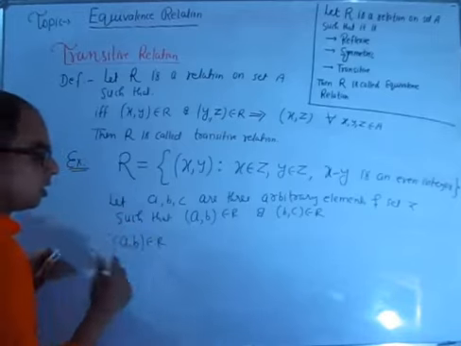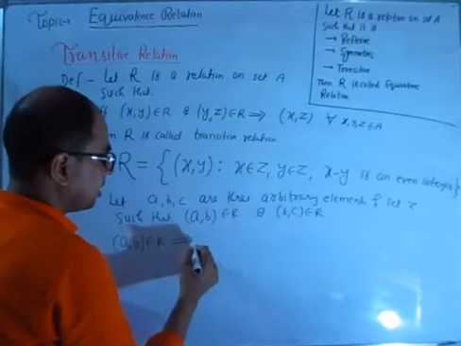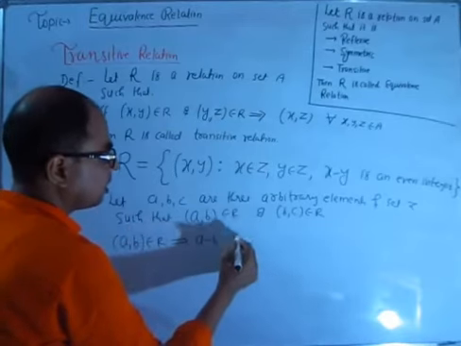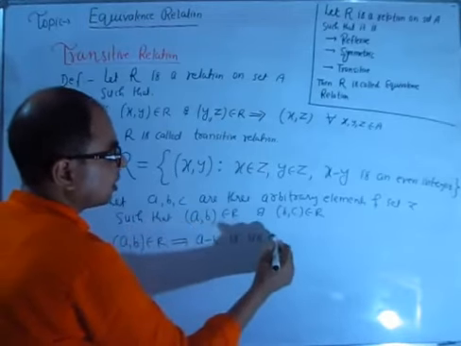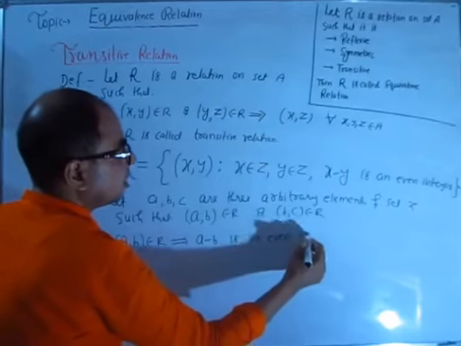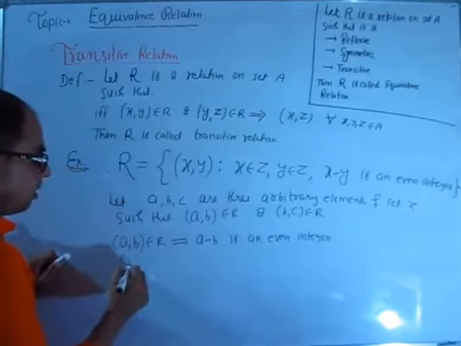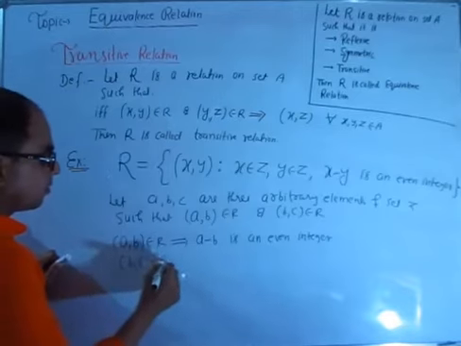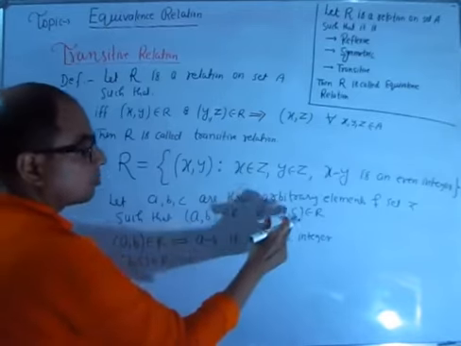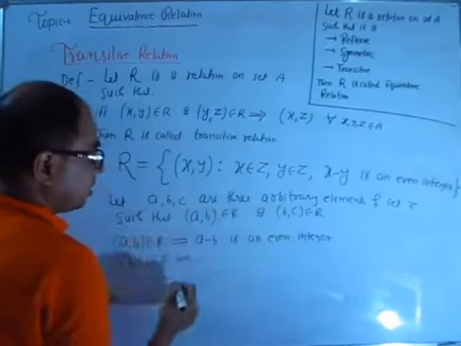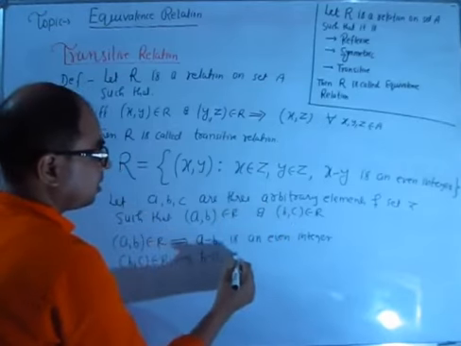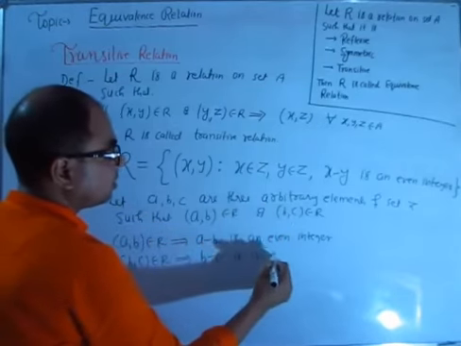From here we can say that A minus B is an even integer. Now B related to C. Second assumption, B related to C, it means B minus C is an even integer.